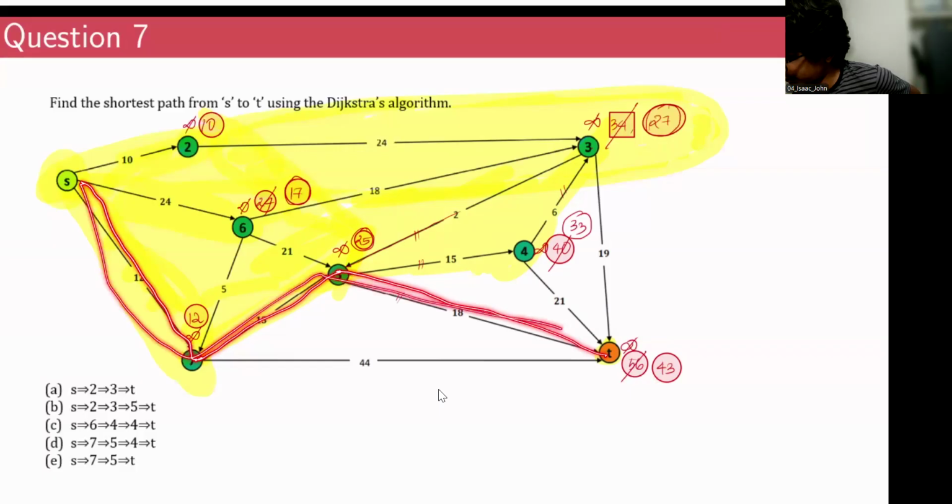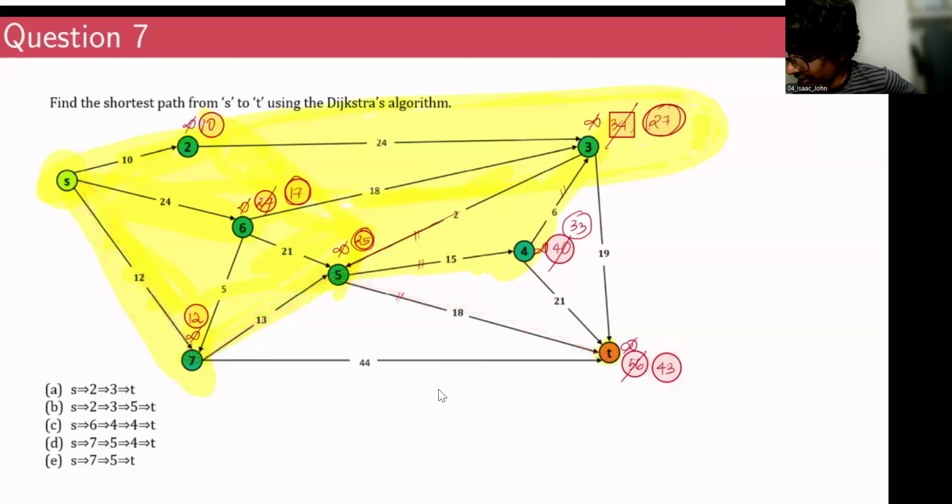I think it is this path that gives you 43, right? So the path S75T would give you 12 plus 13 plus 18. This is 43.